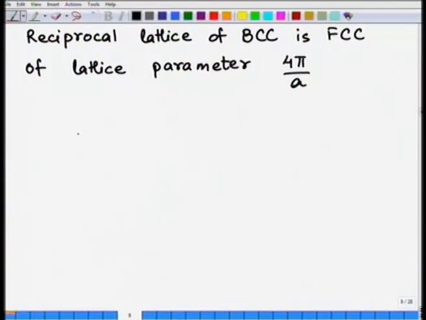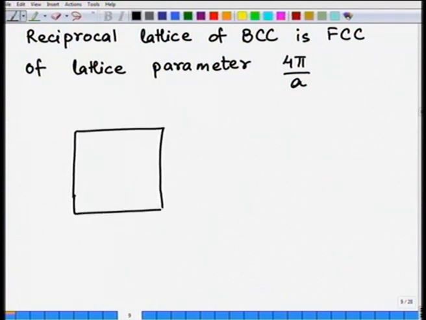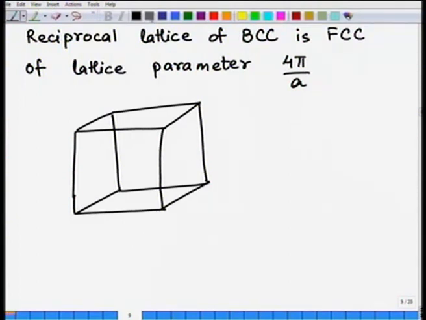So, if I transform this and I make FCC, then let me draw it. These vectors should generate an FCC, something like this on the corners, then on the face center, on the top, on the bottom, on the back side, on the front, on the left side, on the right side.